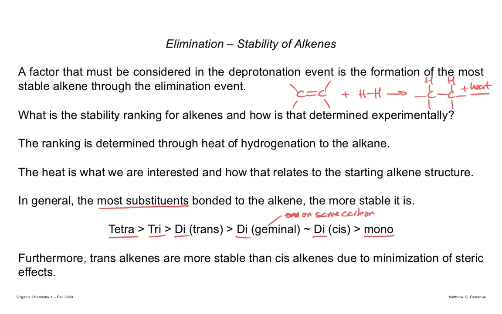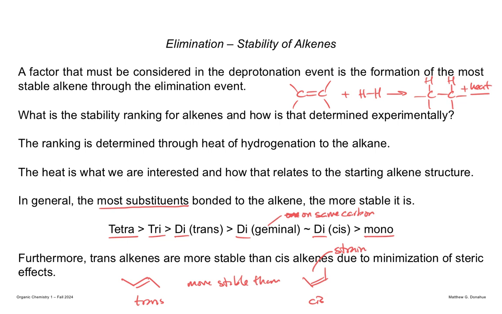And as we'll see on the next slide, typically a trans substituted alkene is more stable than cis. And the reason for that is right here.